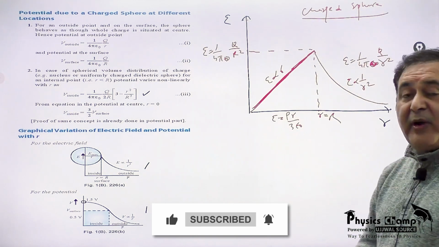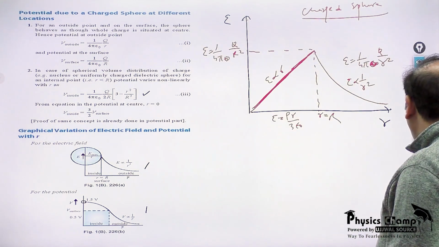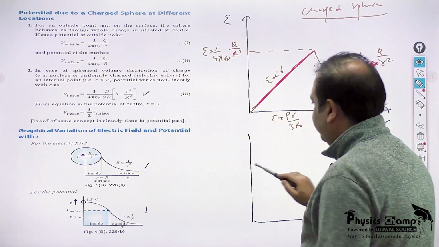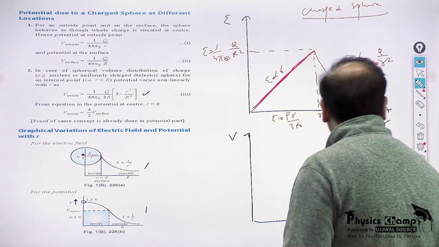Let's talk about potential. If I plot the graph, I draw it separately. This is potential, this is separation.